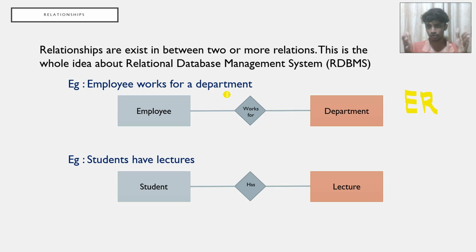Then by using those lines, we have to identify what the entities are, what the attributes are, and what the relevant relationships are. In this line, it says employee works for a department. Each and every word is very essential.